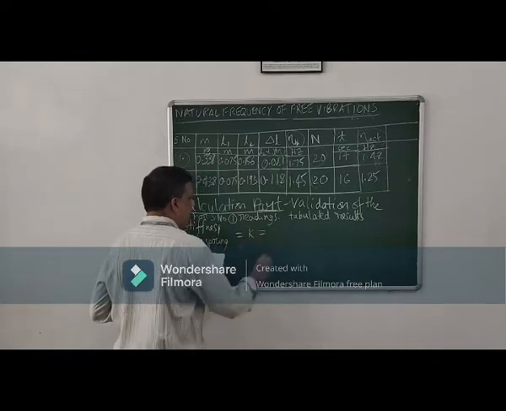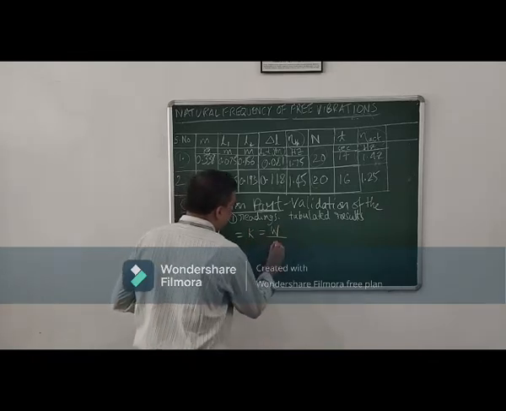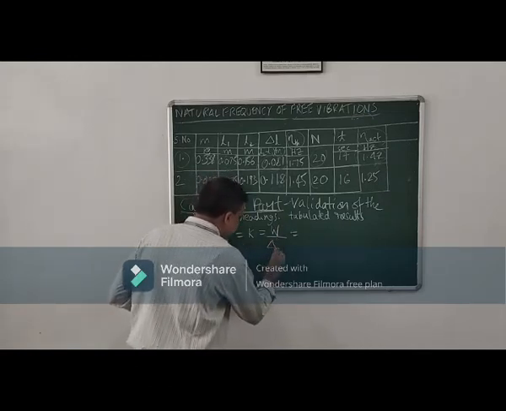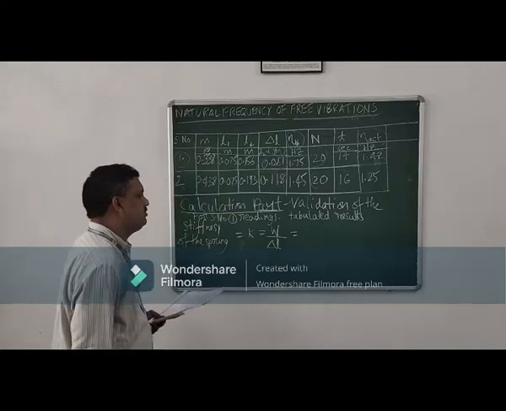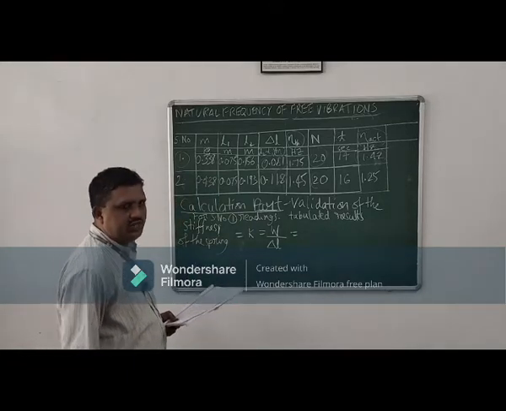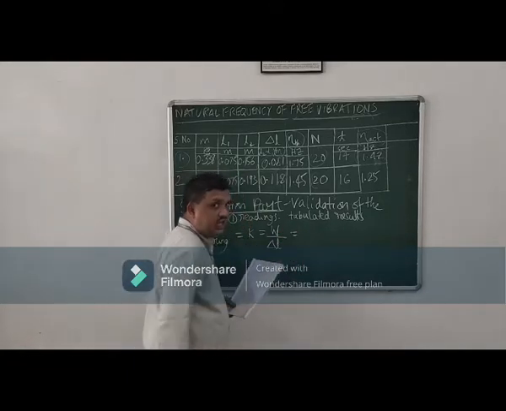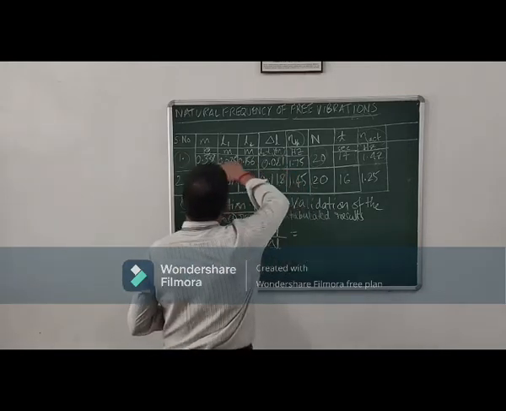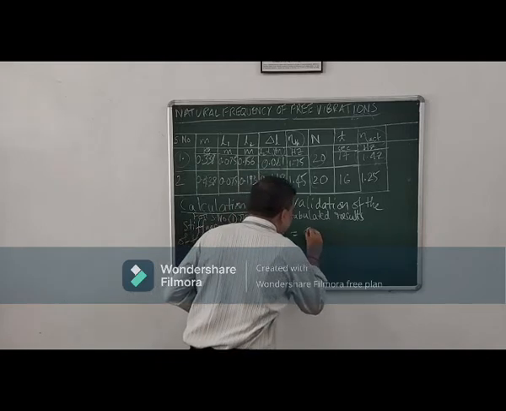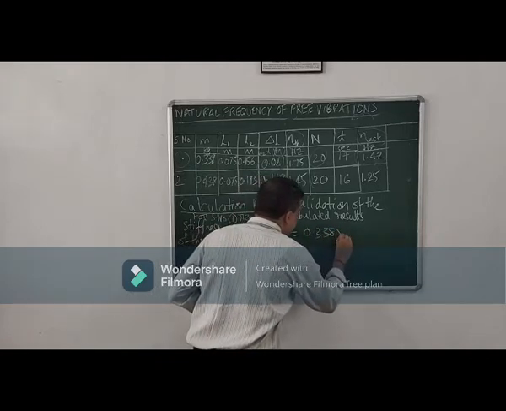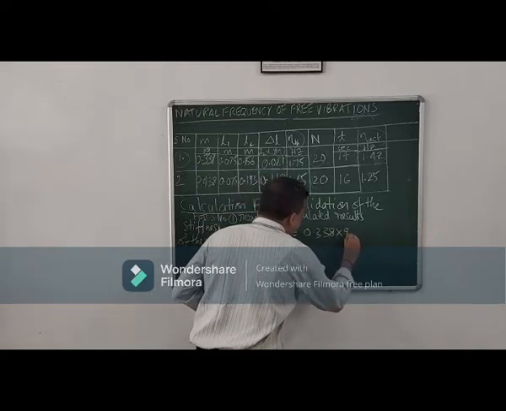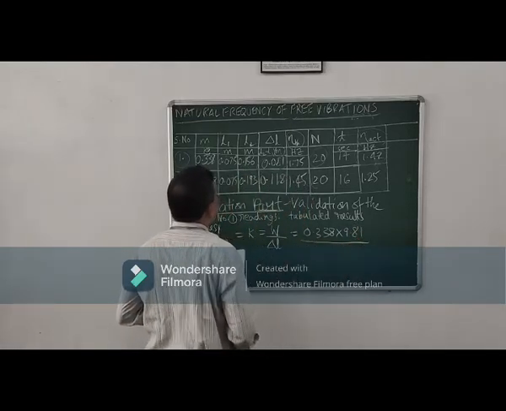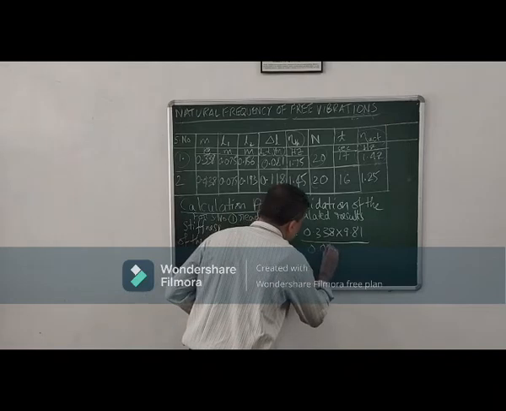The stiffness of the spring, capital K, is equal to capital W by delta L, that is, load by static deflection. The load is the mass we have taken multiplied by the acceleration due to gravity, divided by delta L, that is 0.081.